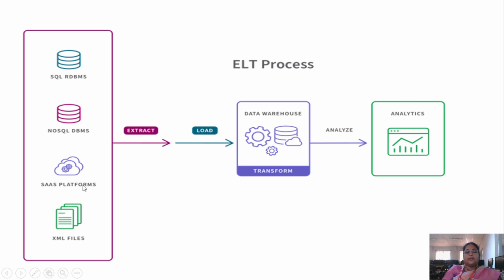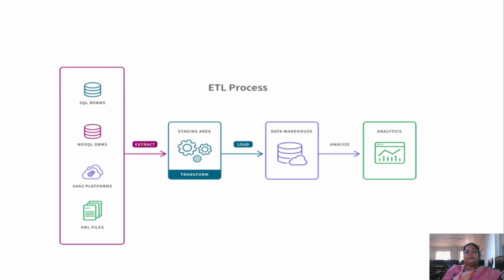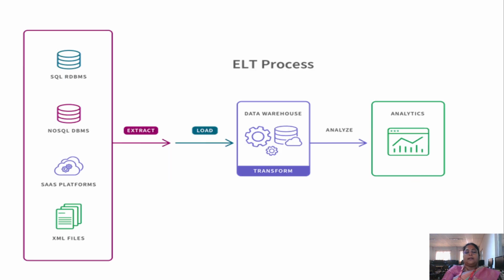Same data: SQL RDBMS, NoSQL, SaaS platform, XML, it extracts the data. In the previous diagram, it transformed the data before loading it to the data warehouse. But here we are not doing any transformation first; instead we load.